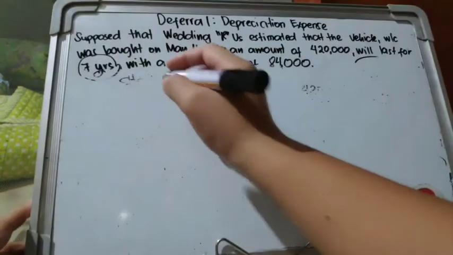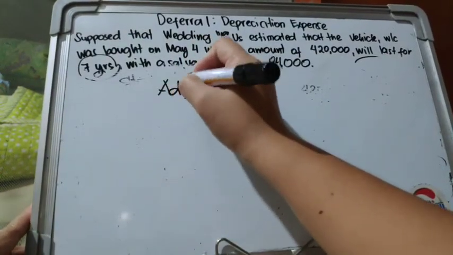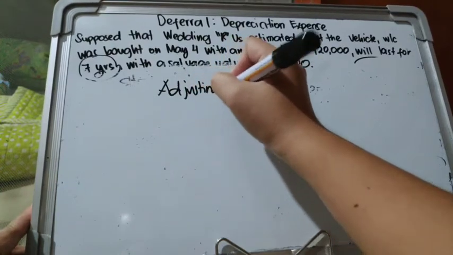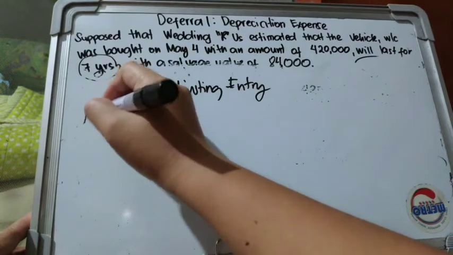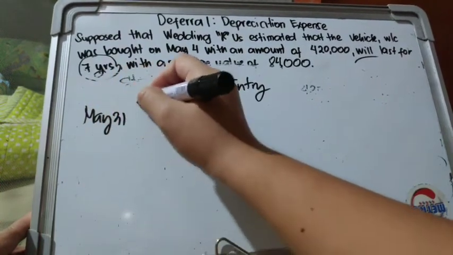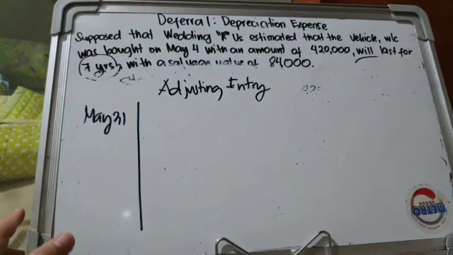Okay, class. So, this is the adjusting entry for your depreciation expense. Class, remember this. For the depreciation expense, hindi siya the same from your prepaid rent and prepaid insurance as well as your supplies na binabaliktad natin yung account na nanggaling sa journal entry to the adjusting.